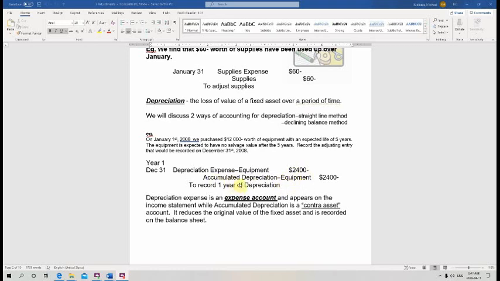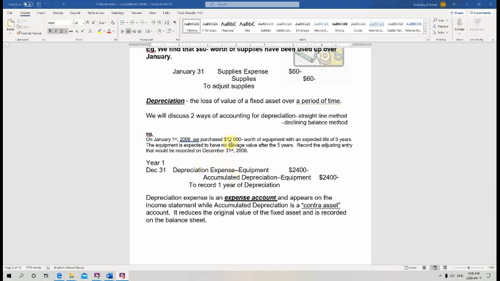Now, accumulated depreciation, think of it as a bucket. Every time we depreciate something, the bucket's going to be filling up. So at the end of it all, in this example, the equipment's going to be worth nothing because my bucket's going to fill up to 12,000, right?